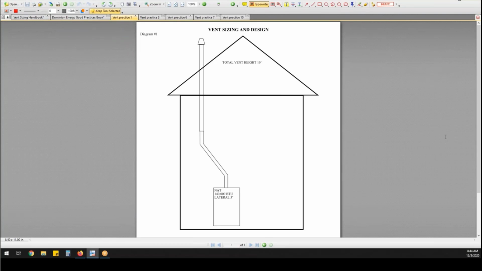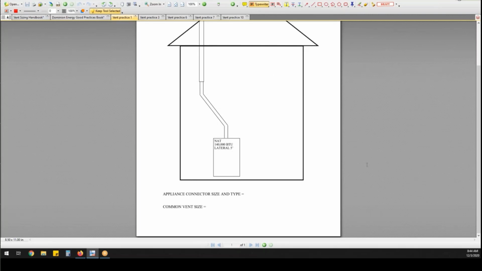And on test day, these are the types of diagrams you're going to see. So they're going to show you a little picture of a house. They've got the total vent height as 10 feet. And they're asking you, what appliance connector size and type can I use? And what should my common vent size be for this appliance?